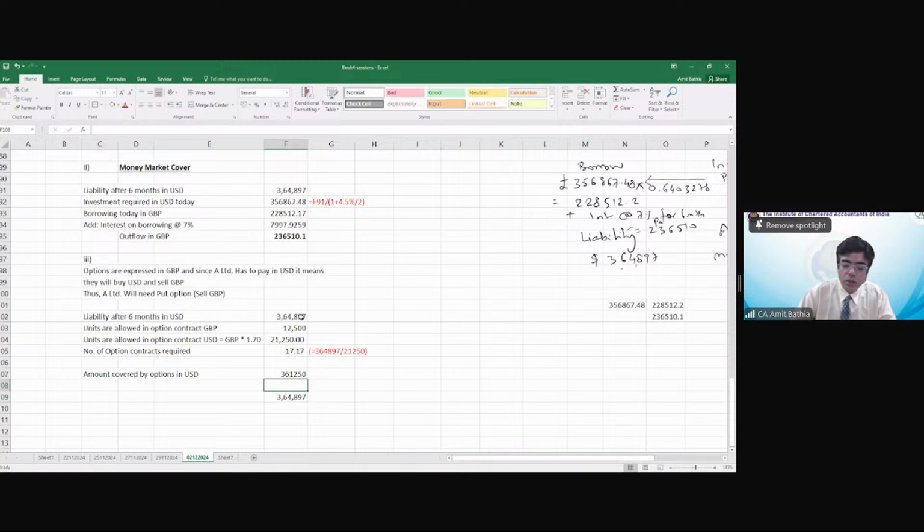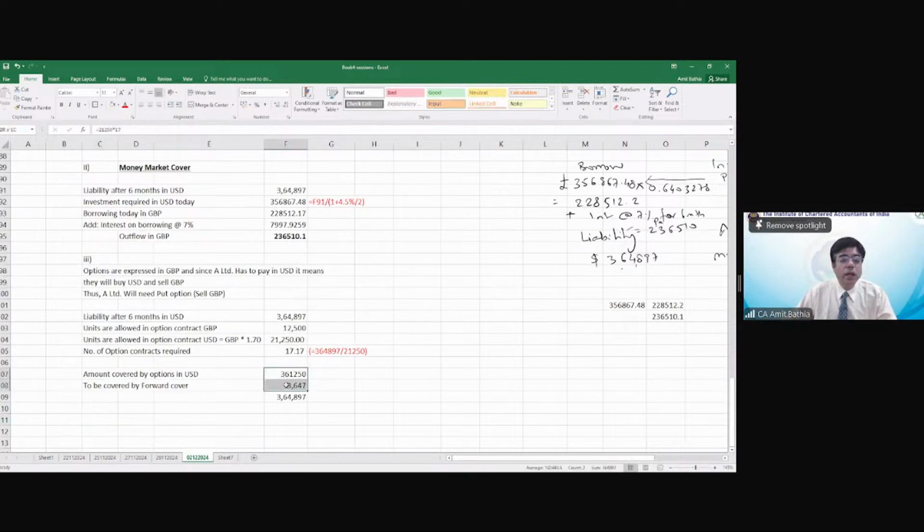So what is the balance? 364,897 minus 361,250. So 3,647. So this USD will need to be covered by forward. Right? Okay, are you all with me?